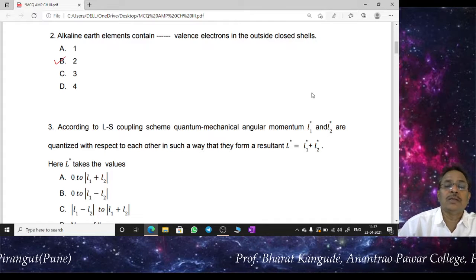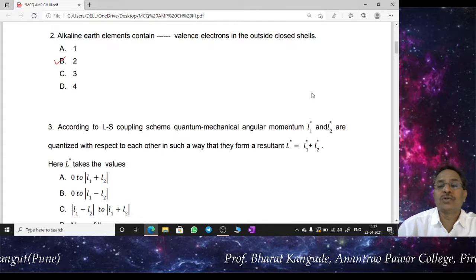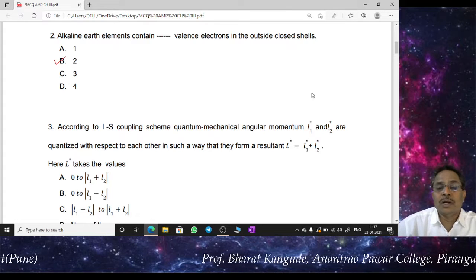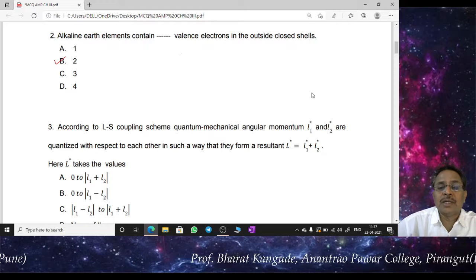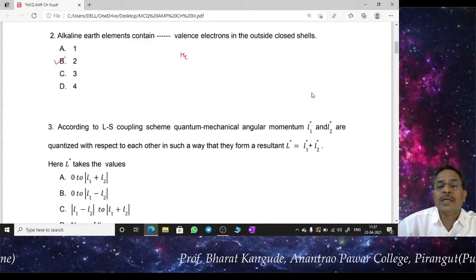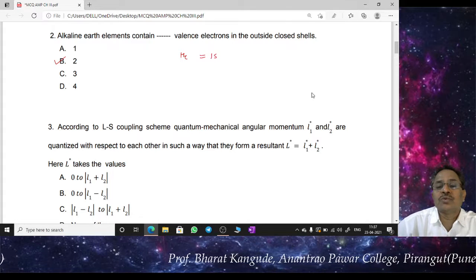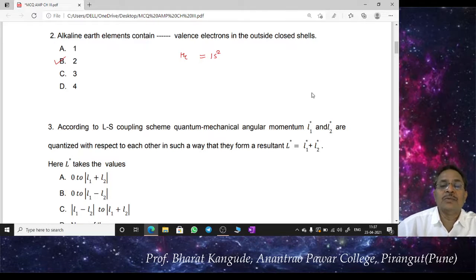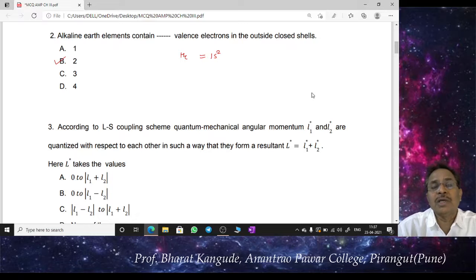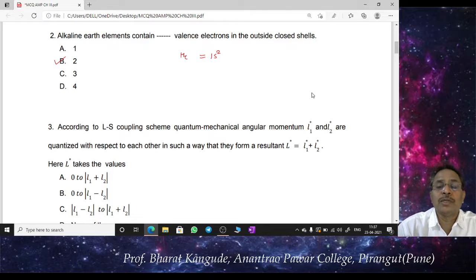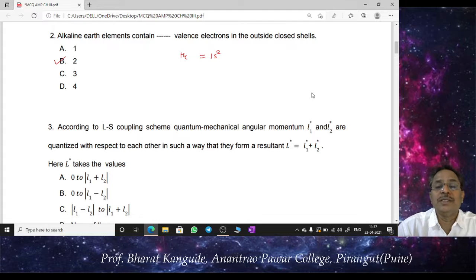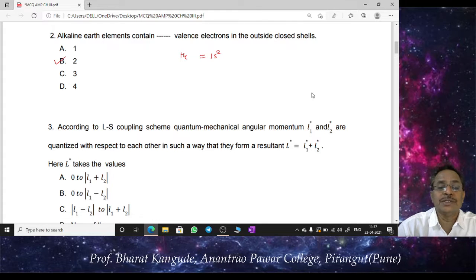So an alkaline earth element contains two valence electrons in the outside closed shell. Another example here is helium, which has electronic configuration 1s2. Likewise there are beryllium, calcium and other elements which also have two unpaired electrons in their outermost orbit, and that is why these are called two valence electron systems.